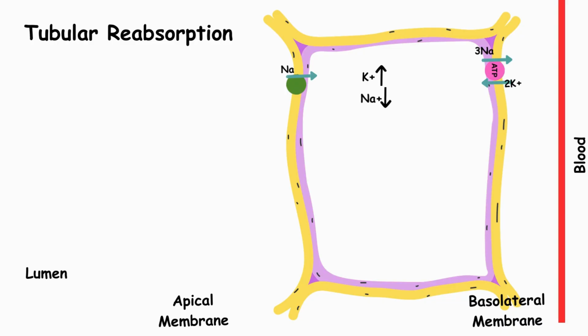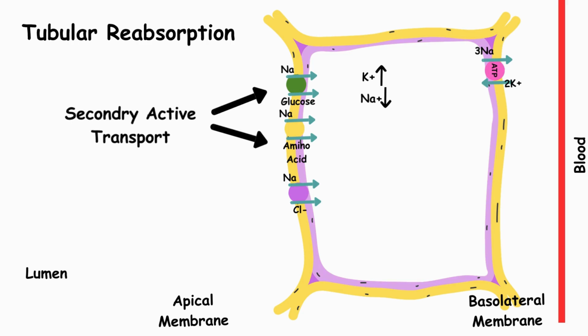Now this sodium will also bring other substances with it, acting for them as a source of energy, like glucose, amino acids, lactate, and chloride ions. This is an example of secondary active transport. The reason is that these substances are moving against their high concentration present inside the cell.